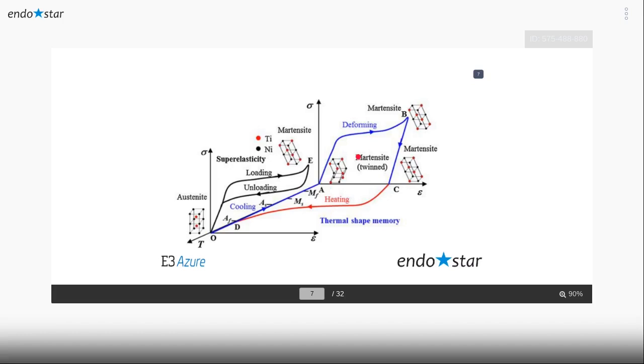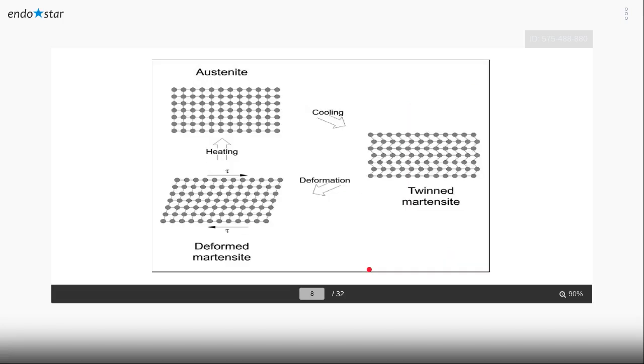We will go to the next slide. As you see here, to make it more simple, we have the austenitic wires, which when cooled will give us the twinned martensite. After deformation during our work, it will be a detwinned martensite, or deformed martensite, or deformed file, okay?